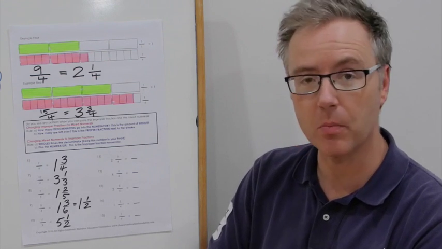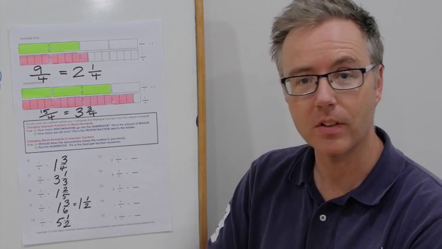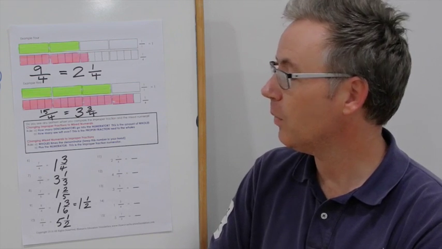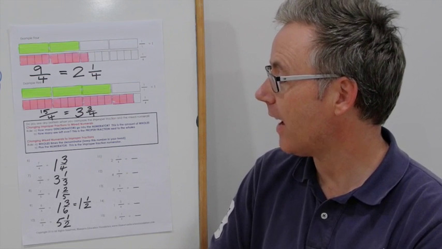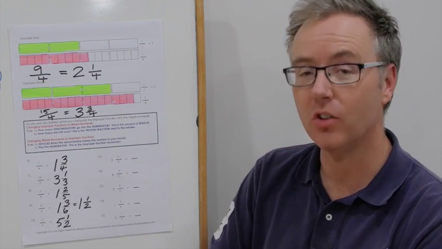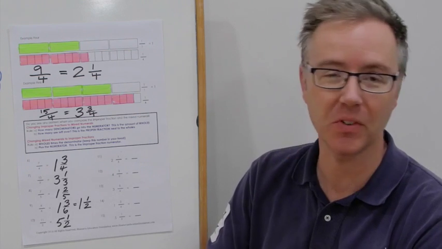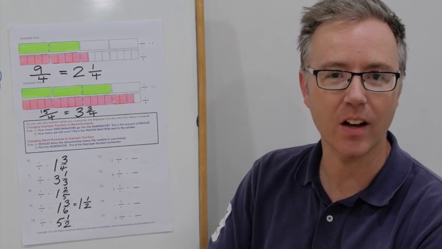Changing mixed numerals to improper fractions. It's the wholes times the denominator. Keep that number in your head. And then we add the numerator. And that is the improper fraction numerator. So let's do examples 11 to 15 together. So 2 1/4.